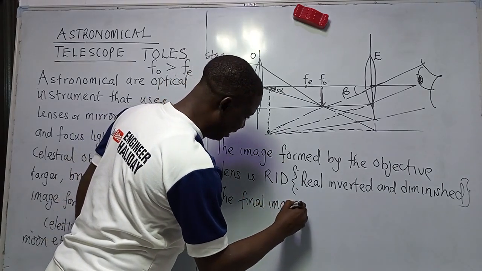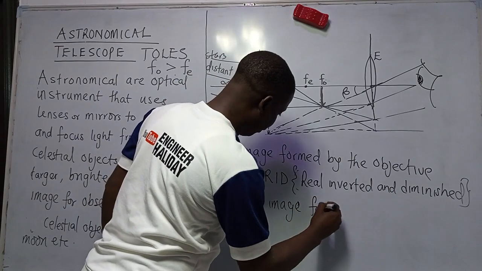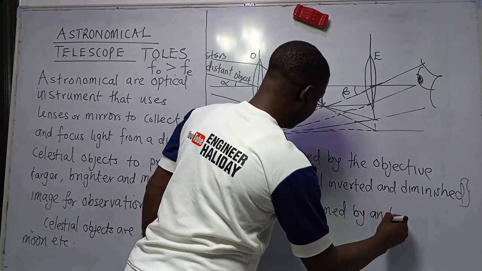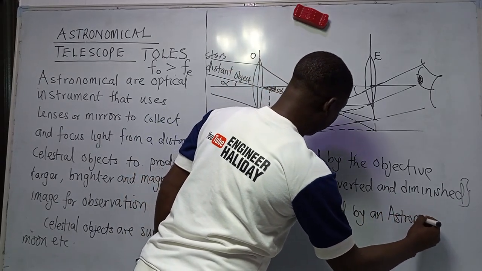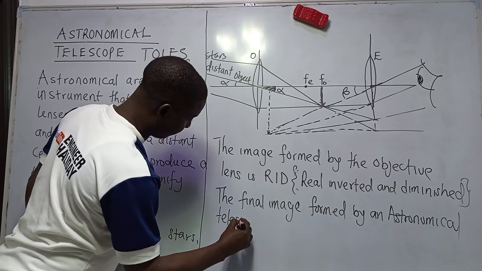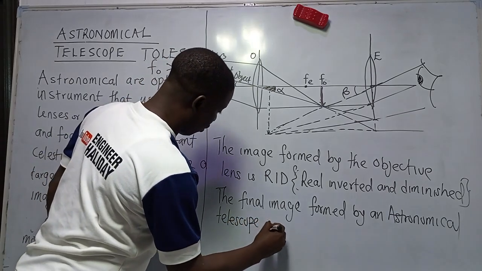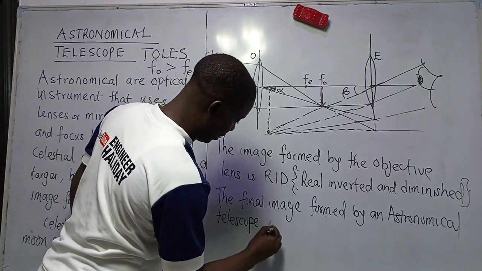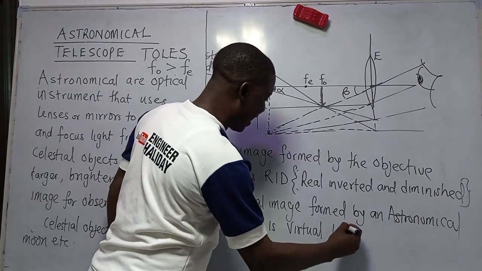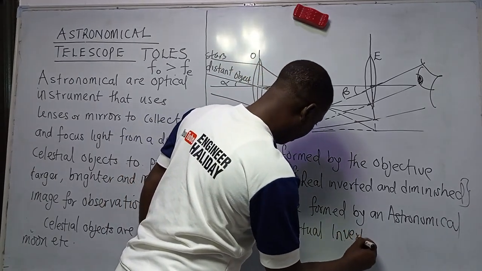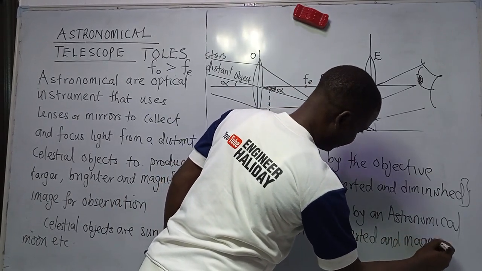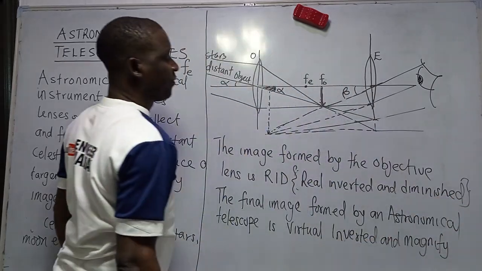The final image formed by an astronomical telescope is, let me say, virtual, number one; inverted, number two; and magnified.